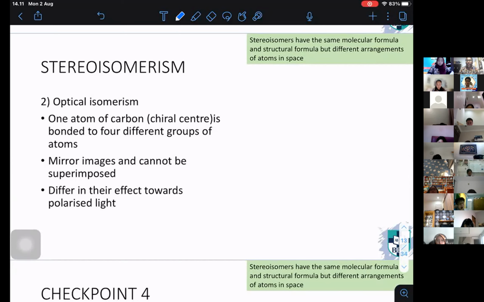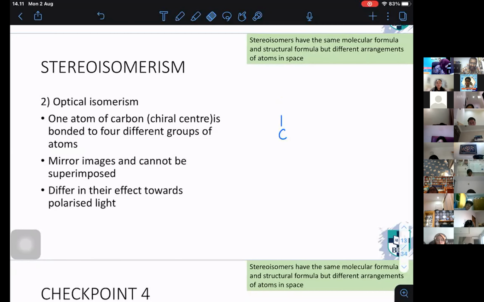Even though they look the same, they are mirror images of each other, but if you try to put them together, they cannot superimpose. They are not the same. So this is stereoisomerism. The important thing is you must have a chiral center, one carbon attached to different groups.